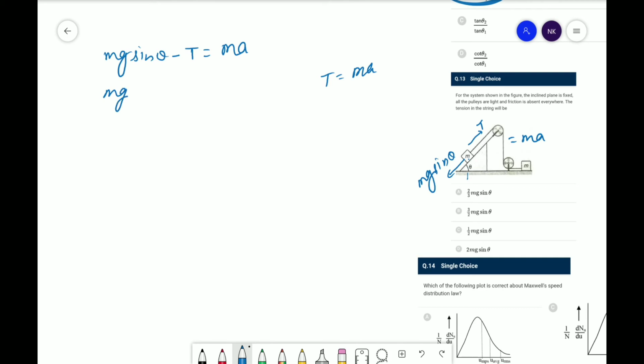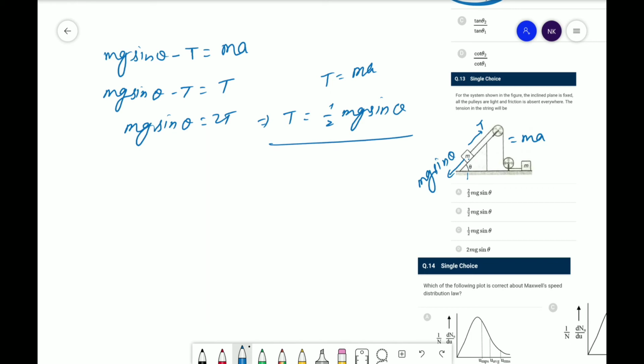Hence mg sin theta minus T will be equal to T. Therefore mg sin theta will be equal to 2T. Hence the value of T is 1 upon 2 mg sin theta. Correct answer is C.